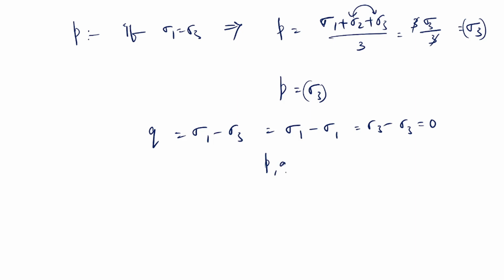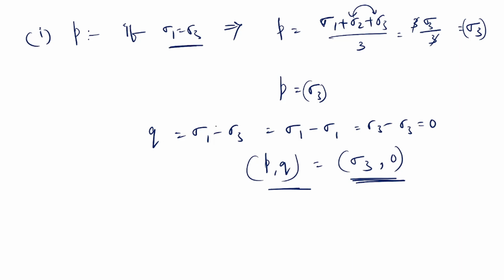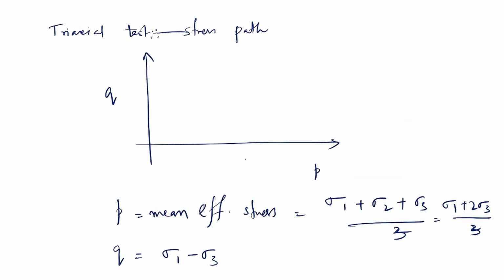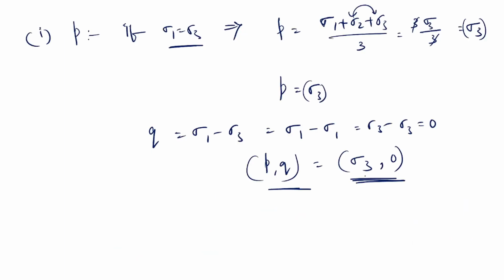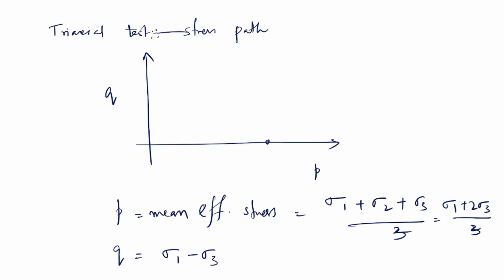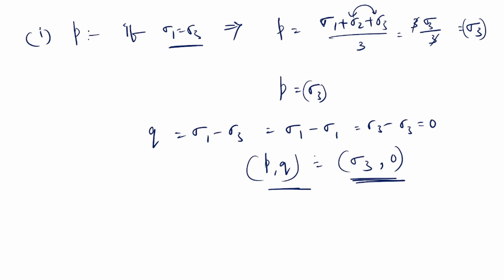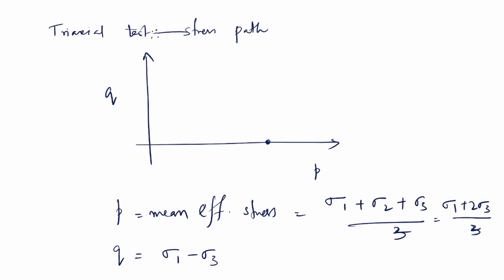So P comma Q is sigma 3 or sigma 1 comma 0, for the first condition. If you want to plot this point, P is sigma 3, Q is 0, somewhere here.